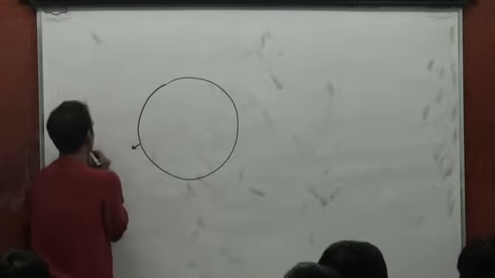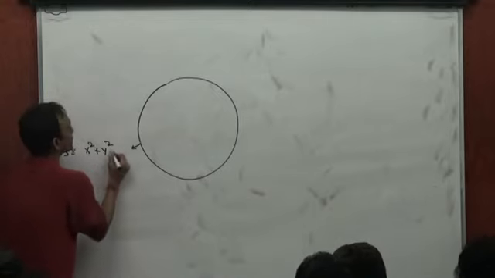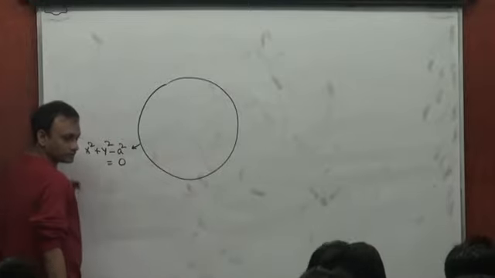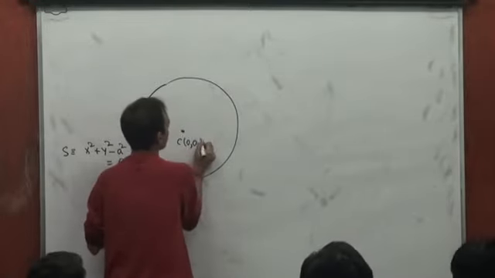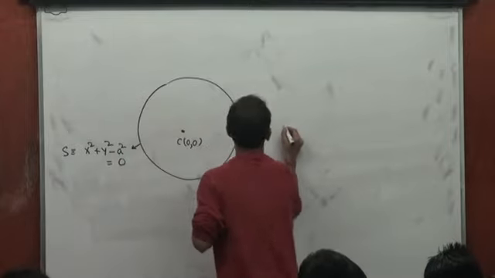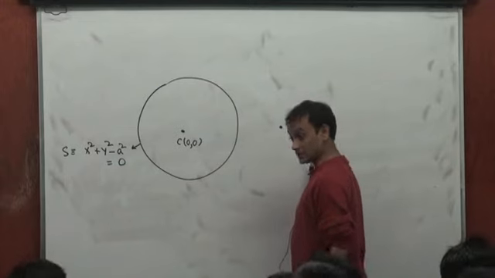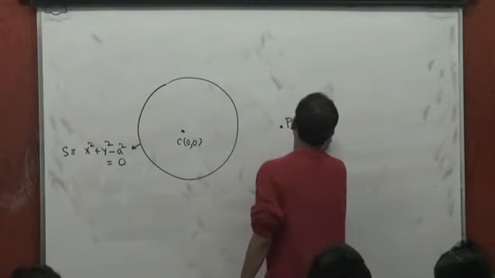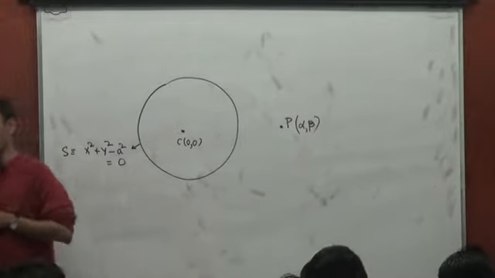Now, say this is a circle x squared plus y squared minus a squared equal to 0. Center 0, 0. And let's say there is a point P outside the circle. Say its coordinates are alpha comma beta.